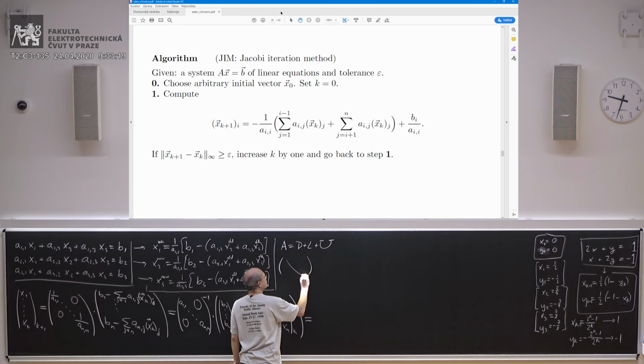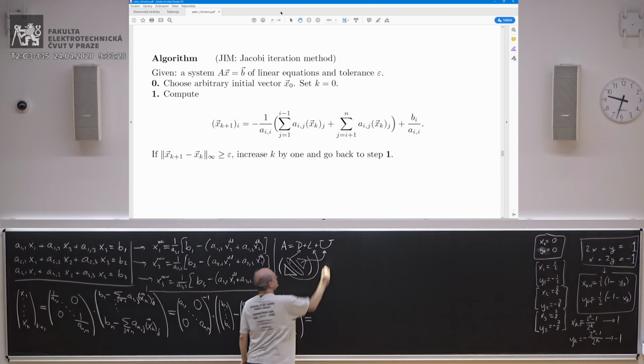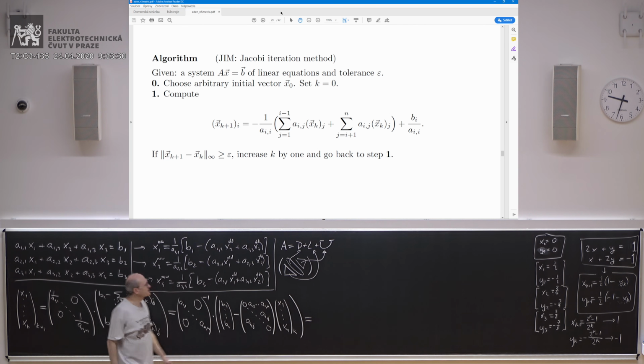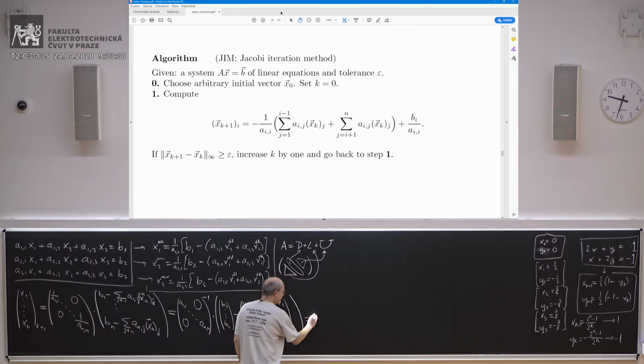And it's very simple. You simply take the diagonal and put it here. You take the lower left corner and put it here. And the upper right corner is put here. So every matrix can be split in this way. And I can use it here. So what do I see? I see the diagonal matrix D, an inverse of it.